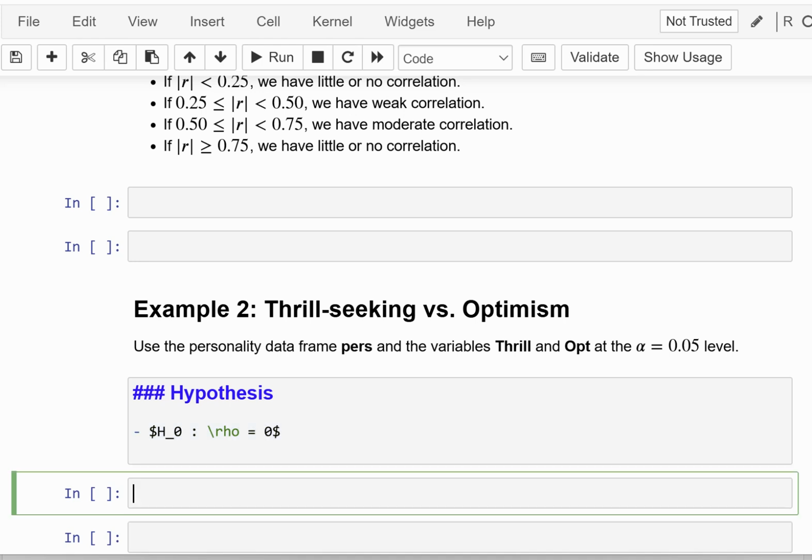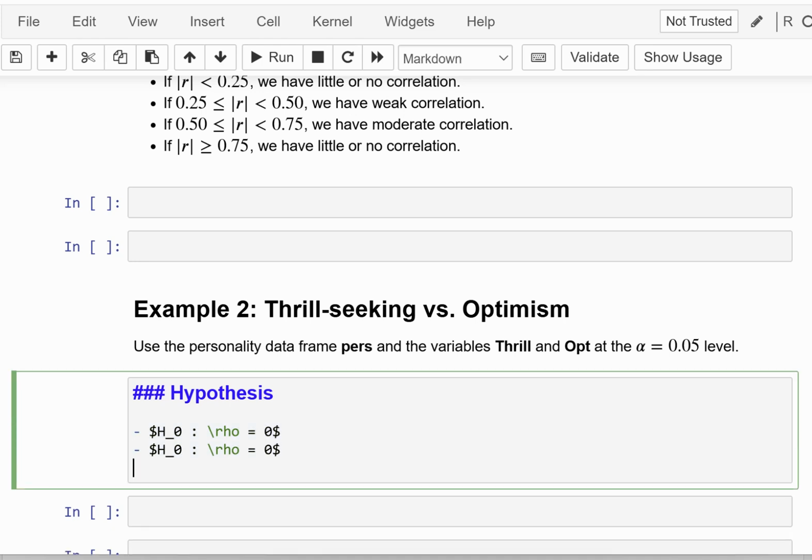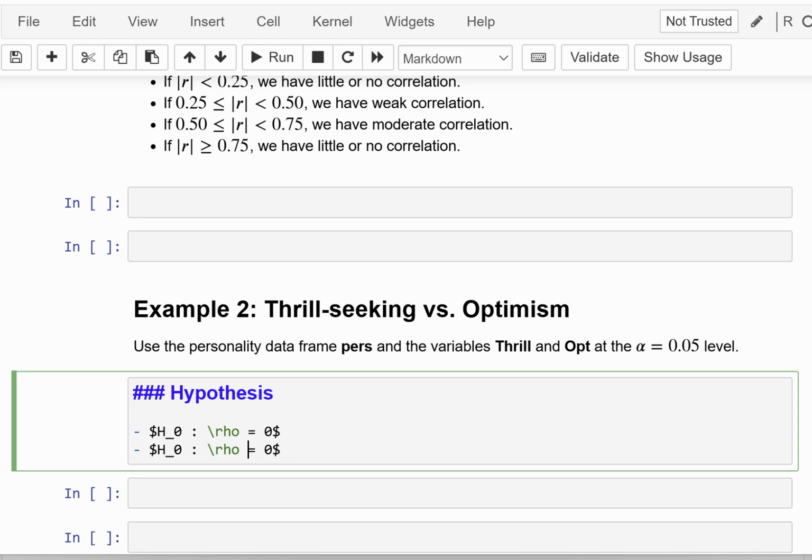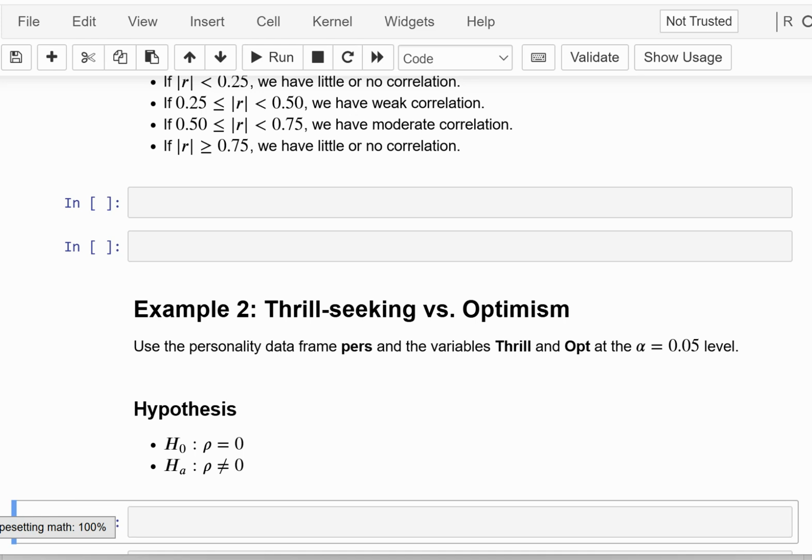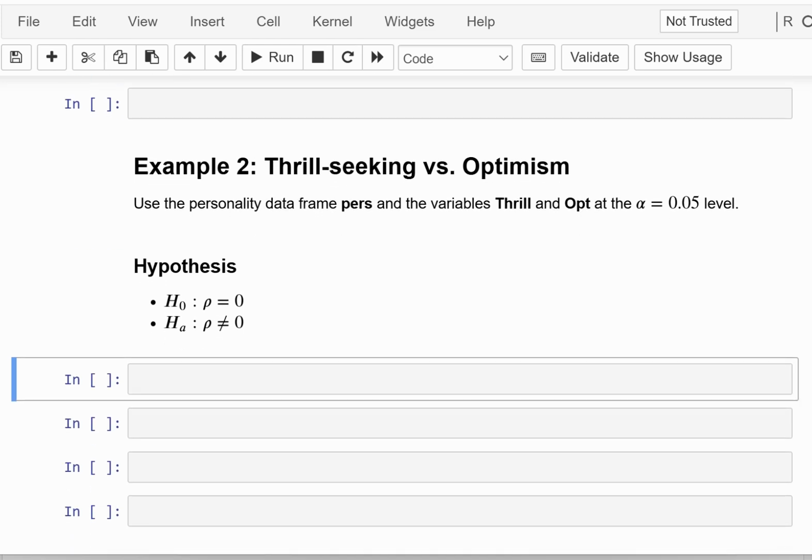Okay, and I'm going to copy paste. Why? Because I'm going to use NEQ for not equal to. As you saw, we learn the sign of the regression coefficient as we do the calculations, so we're golden, okay?